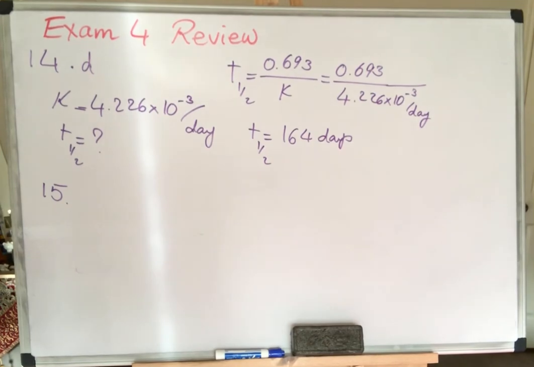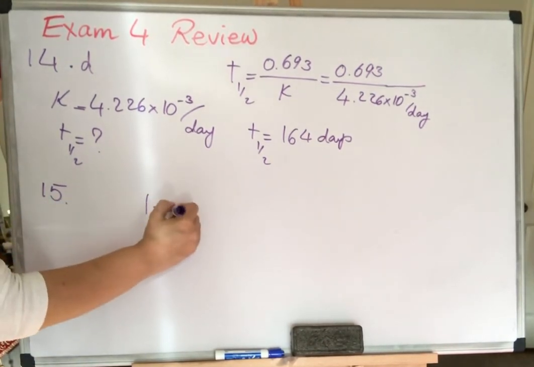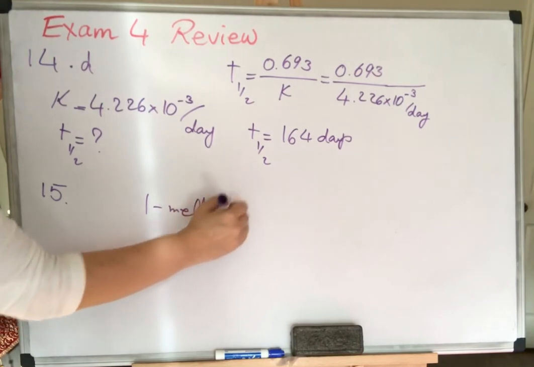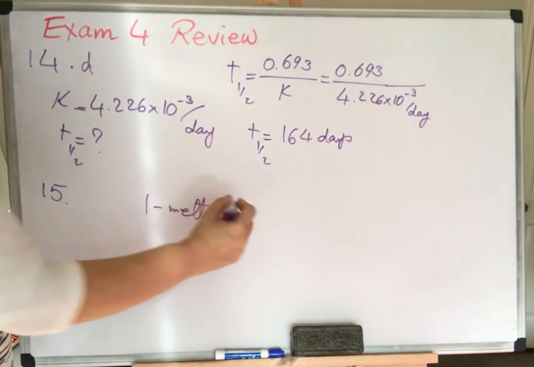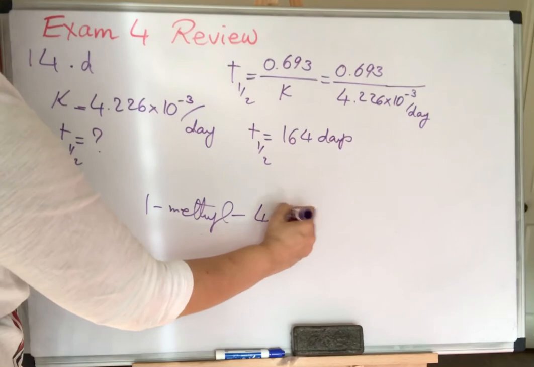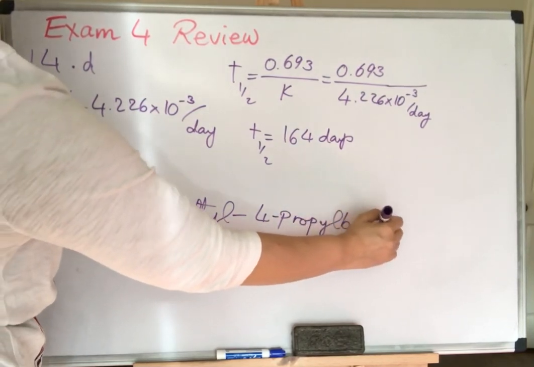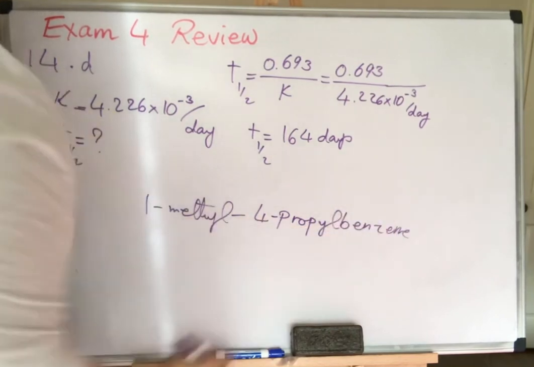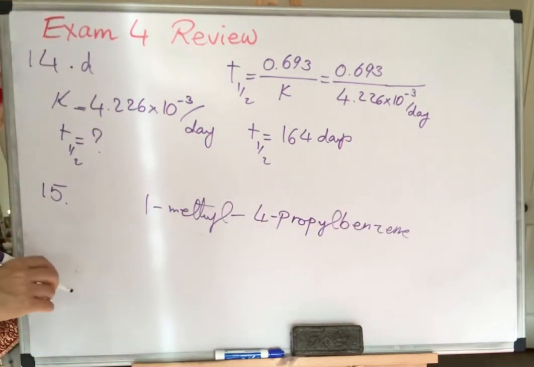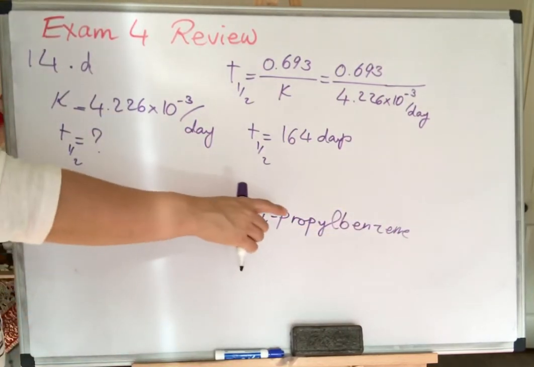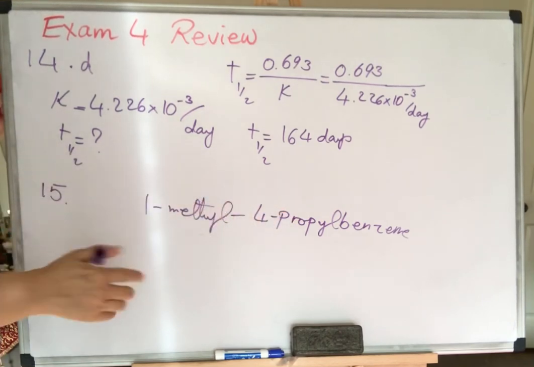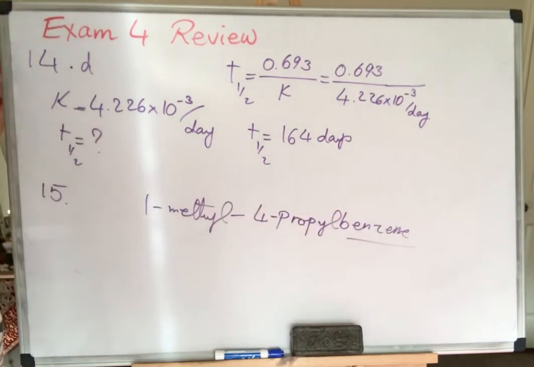Question number 15. What is the correct structure for 1-methyl, 4-propyl benzene? It's testing your skills in structures and naming. When we are going from name to the structure, we always look at the end.